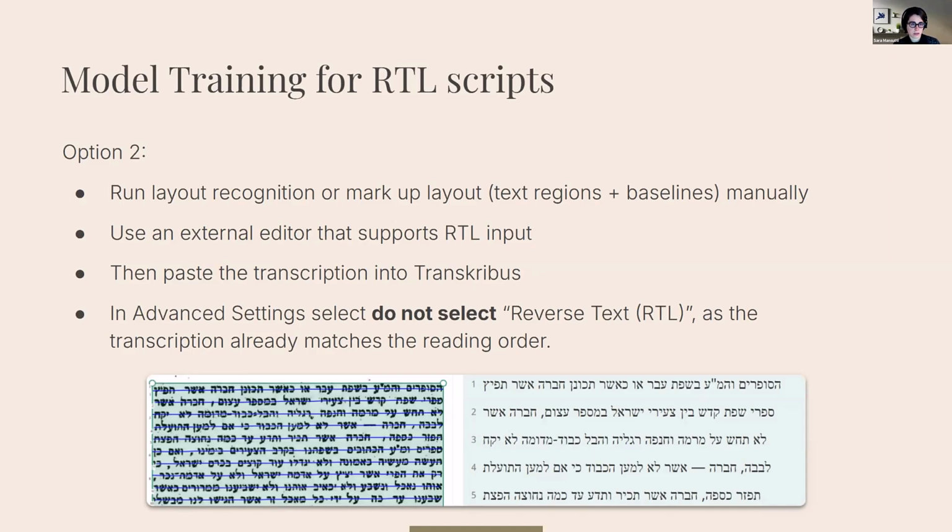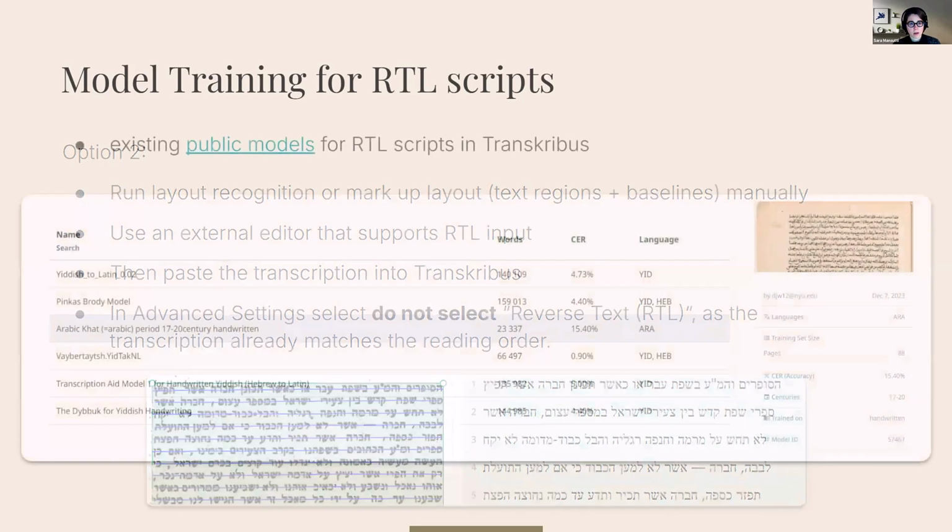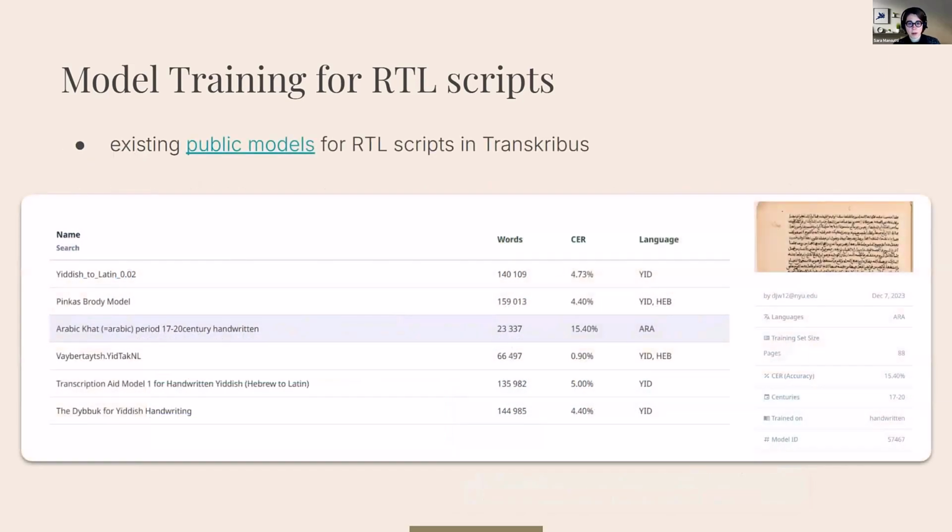There are some existing public models trained on right to left scripts. Here you have a screenshot of them, so you can go and test them. Some are from printed material and others from handwritten material.